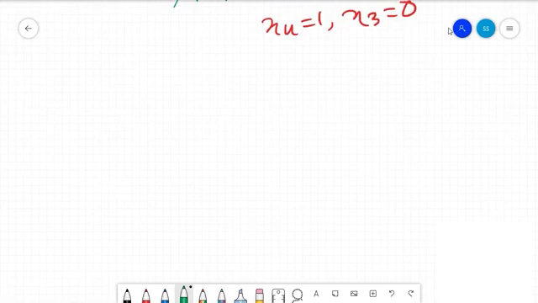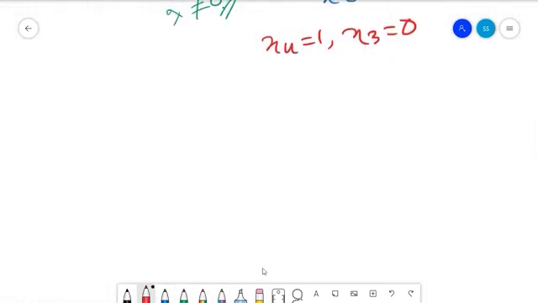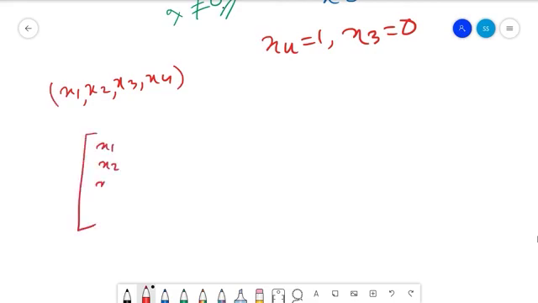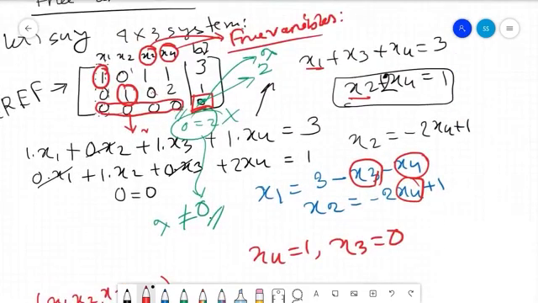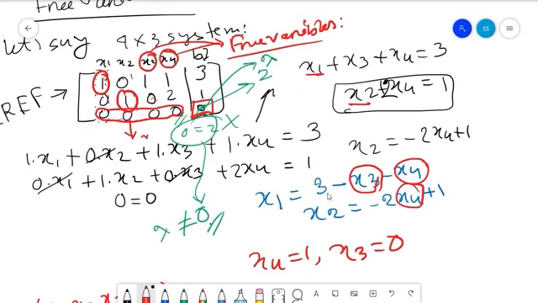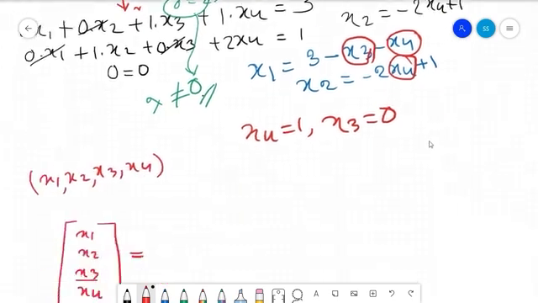And finally, the system we are trying to solve consisted of 4 variables, right? That is x1, x2, x3 and x4. Let's see how to write them in a matrix. And remember, we said x3 and x4 are free variables. And we solved that x1 is equal to 3 minus x3 minus x4, and x2 is equal to minus 2x4 plus 1, right?